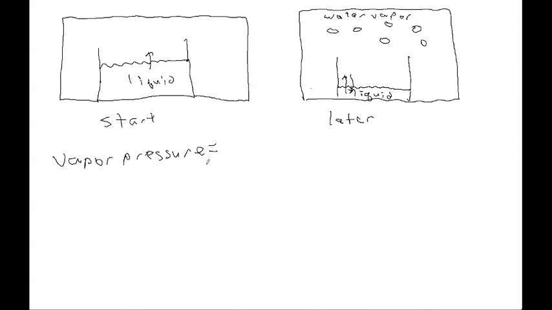This is a little bit of a misleading term, because it's not just the pressure of the vapor, it's what the pressure of the vapor will be at equilibrium. It probably would be better to call this the equilibrium vapor pressure. But usually it's just called vapor pressure, and we're expected to know that they mean the pressure of the vapor at equilibrium, when the vapor is condensing at the same rate that the liquid is evaporating.